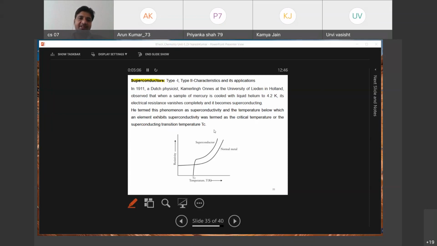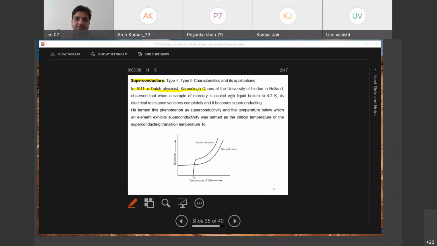This concept of superconductivity was discovered by a Dutch scientist, Kamerlingh Onnes, at the University of Leiden in Holland, in 1911.